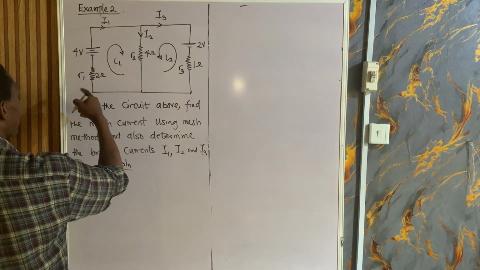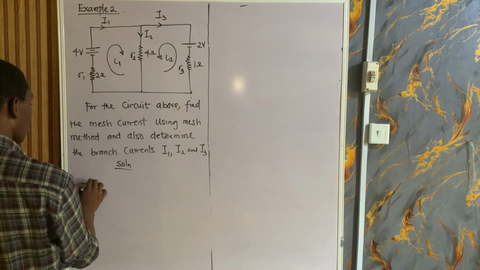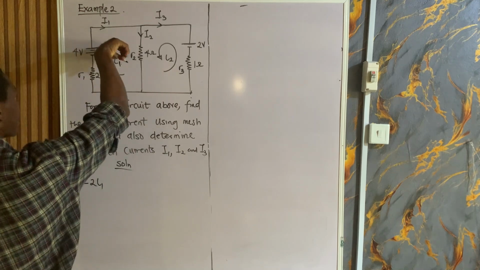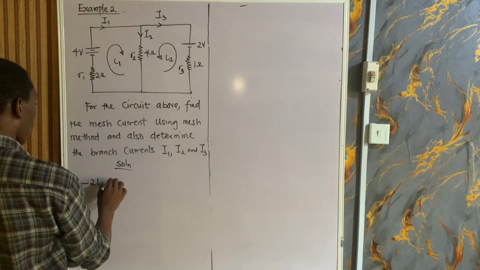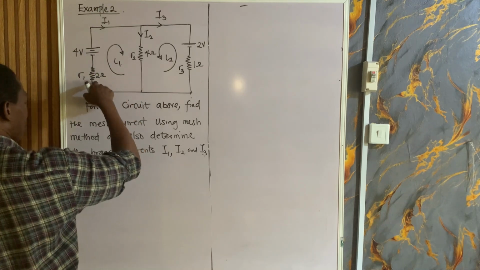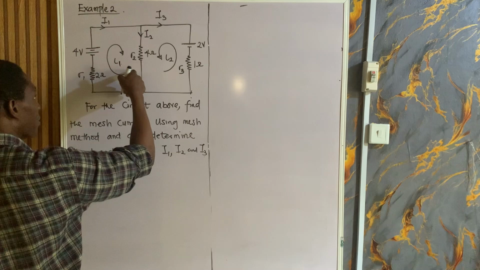Let's start from here again, or we can start from anywhere. Let's start from here. This will be minus 2 I1, because this thing is going like this. Then plus 4. When we get to the middle part, nothing to read here. So I'm reading the middle part now.